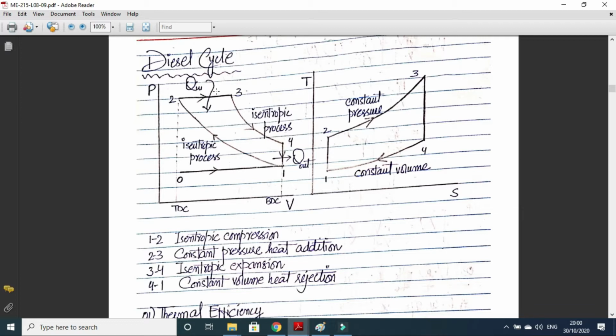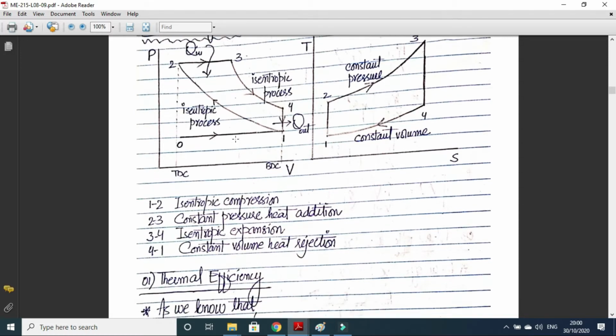So the ratio which defines these two parameters, the volumes at 3 and 2, is the cutoff ratio. The ratio between volume after combustion and volume before combustion is the cutoff ratio, RC, and RC is equal to V3 upon V2. We will look into V3 upon V2 in more detail in the later part of the lecture.